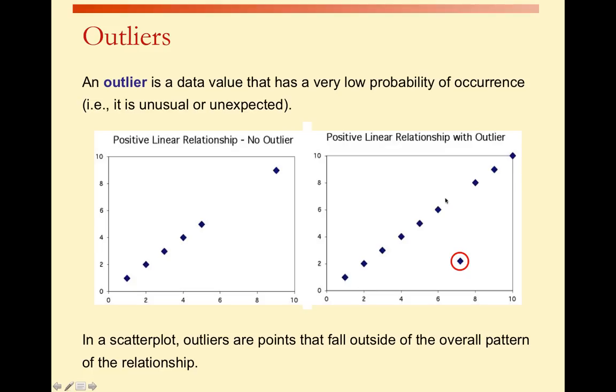It just kind of falls out of line. Again, it doesn't necessarily mean for sure that this is an unexpected, unusual point. You have to look at your problem and your data, but this is certainly an indicator that something should be looked at. It could be that the data was collected badly as an error, or it truly is just an unexpected point.